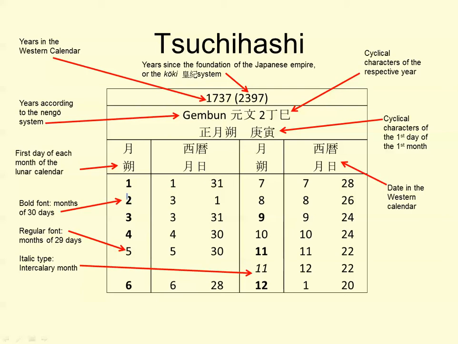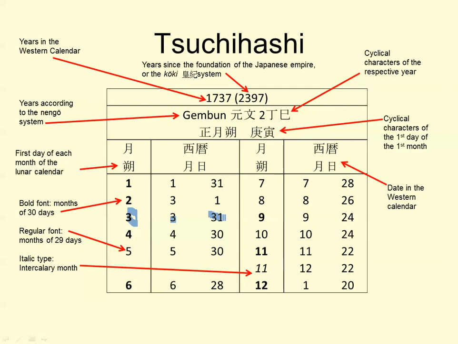Likewise, the first day of the second month in the lunar calendar corresponds to March 1st in the solar calendar. The first day of the third month in the lunar calendar corresponds to March 31st in the solar calendar. And if you have that information, you could figure out the rest of the days between the first day of each month.